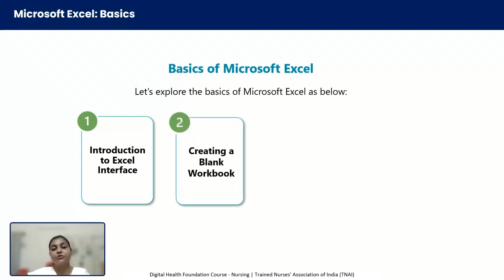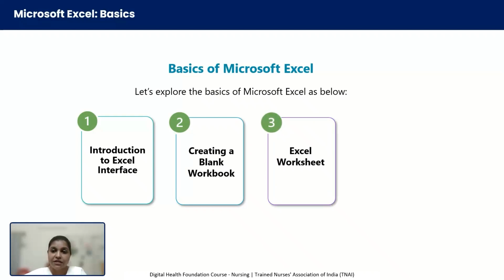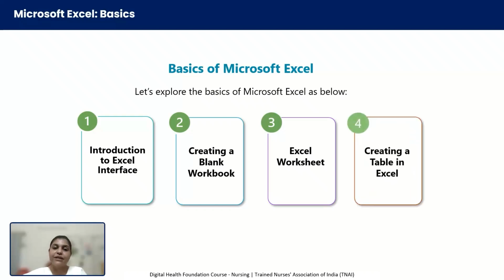Next, we learn how to create a blank workbook, which is the foundation of any task in Excel. We'll then explore how an Excel worksheet is structured in terms of columns, rows, and cells, and how to enter data. Finally, we'll see how to create a table to organize and analyze information effectively. Let's get started with the first step, exploring the Excel interface.